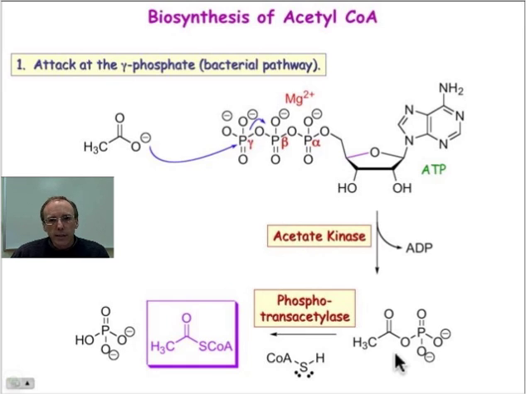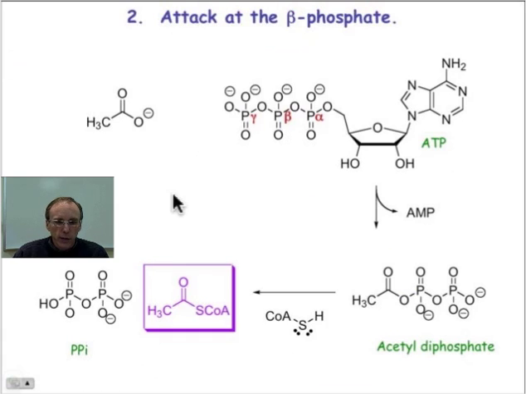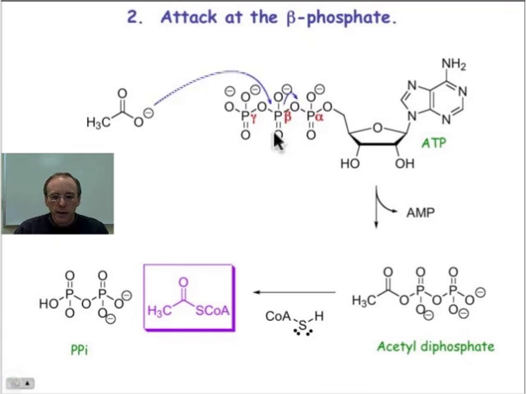The result is this mixed anhydride, the acetyl phosphate, structure shown here, which is highly activated toward substitution, the phosphate being an excellent leaving group, and the thiol group from coenzyme A comes in and does an addition-elimination reaction to make the acetyl-CoA group. The second pathway involves attack at the beta phosphorus position of ATP.